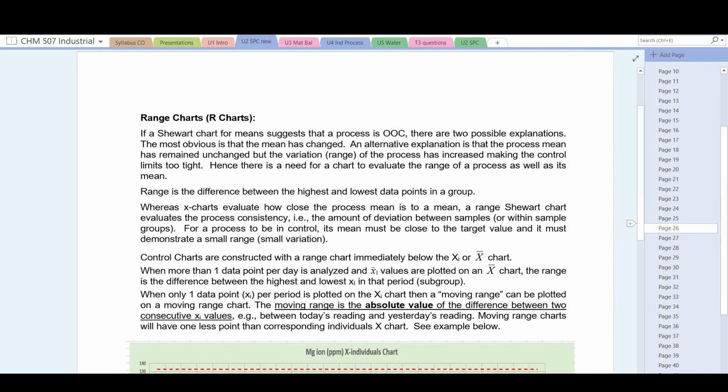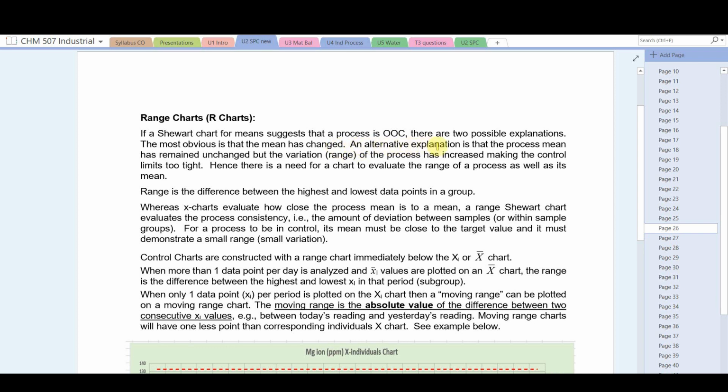Page 26, range charts, called R charts. If a Shewhart chart for means, that's the X bar chart, suggests that a process is out of control, there's 2 possible reasons. The most obvious is that the mean has changed. If the mean changed, then your points can be out of control.